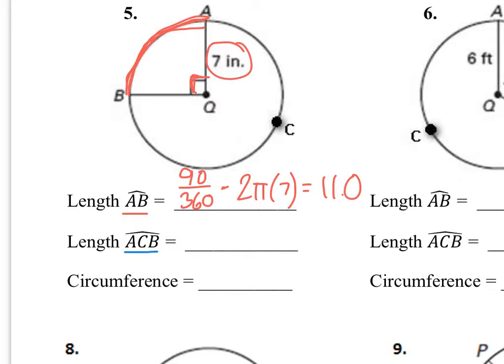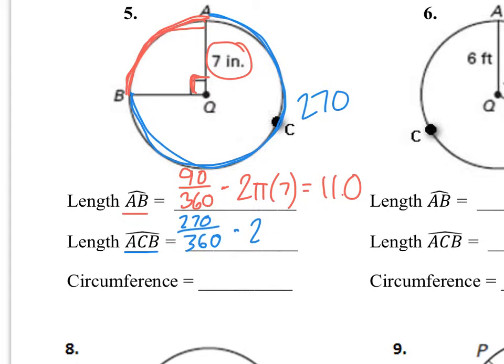Alright, so if that is 90 degrees worth of the circle, then the remaining circle, which is arc ACB, has to be 270 degrees of the circle. So we would use the same formula, except we would do 270 divided by 360, and then multiply it by our circumference.